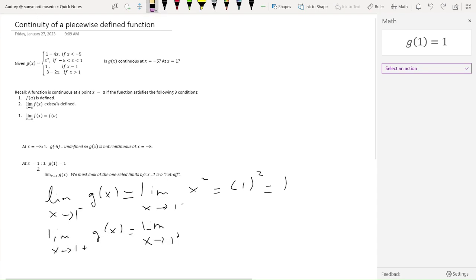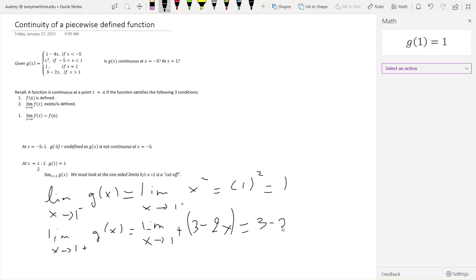All right, I'm going to just delete that. My plus doesn't look like a plus. So it's going to be 3 minus 2x. And now you're going to do a direct substitution, so you're going to replace x by 1, and that's going to be 3 minus 2, which is 1.